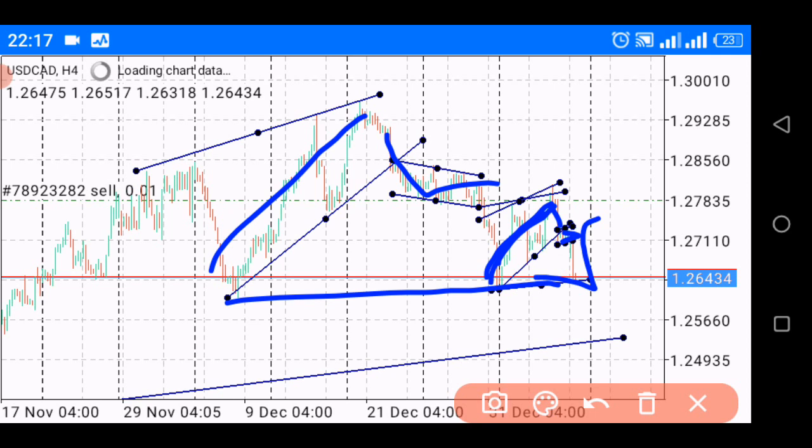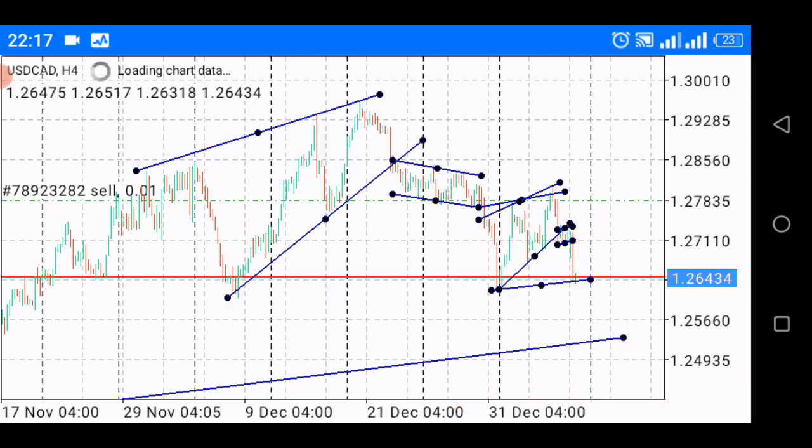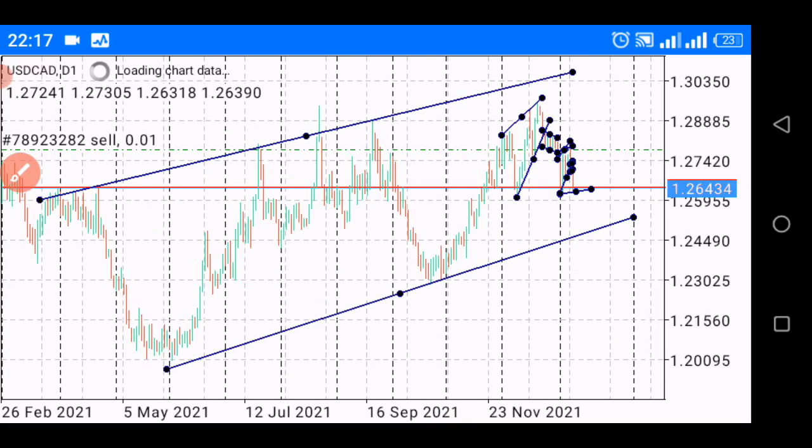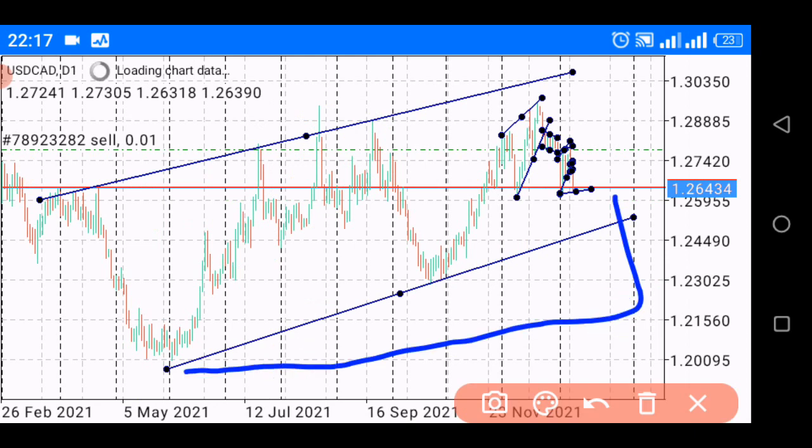so now we are expecting this flag here to confirm its movement here. And after it confirms its movement here, what are we expecting in the daily chart? If this pattern can fulfill its own, we even expect this pattern to fulfill its own.